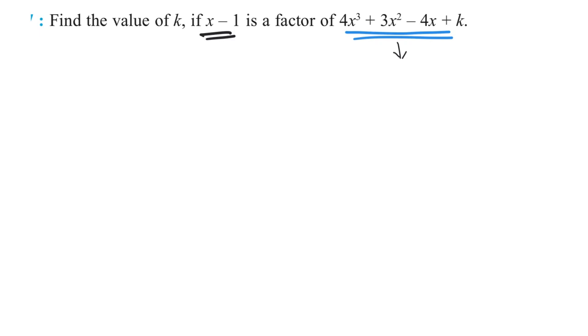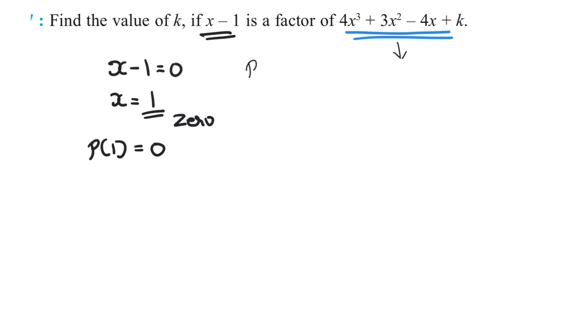If x minus 1 is a factor of the polynomial, let us put x minus 1 equal to 0, then x is equal to 1 should be the 0 of the polynomial according to factor theorem. That means p of 1 should be equal to 0, isn't it? So now let us take the whole polynomial p of x, which is 4x cubed plus 3x squared minus 4x plus k, equate it to 0 when x is 1.